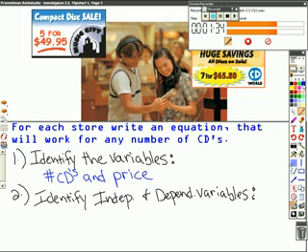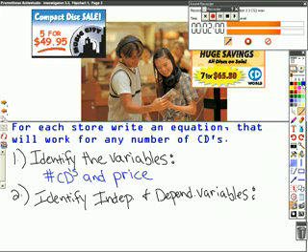Does the number of CDs determine the price, or does the price determine the number of CDs? So which way do you think it should go? If you think about it, does the number of CDs determine my price? Or is my price determined by the number of CDs that I purchase?